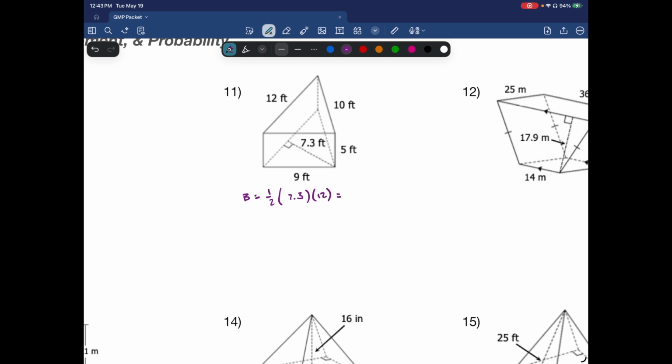So the base area is going to give me 43.8, and my volume is going to be that area, 43.8, times 5, the depth of the figure, which is going to give me 219 feet cubed. All right, so the area is feet squared. The volume is feet cubed.